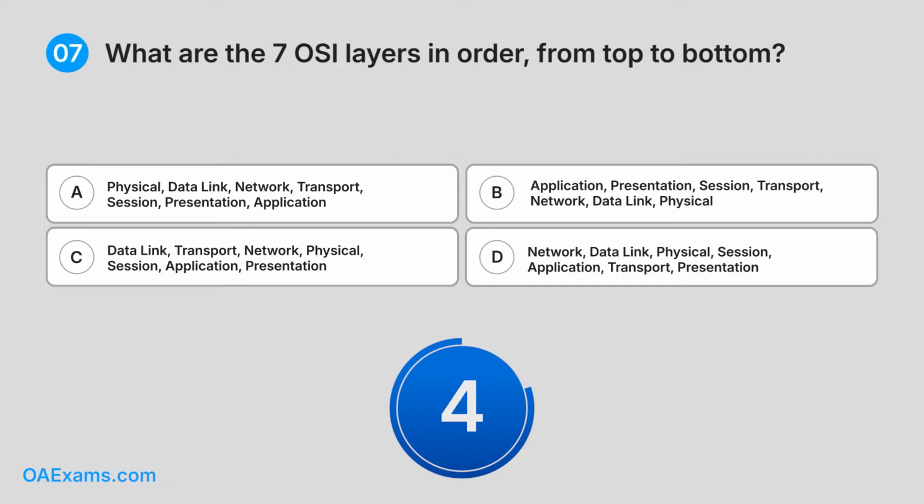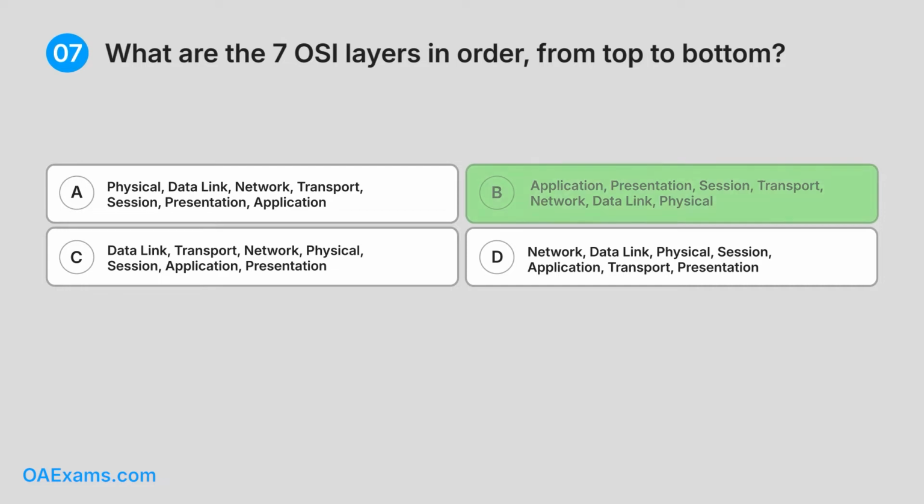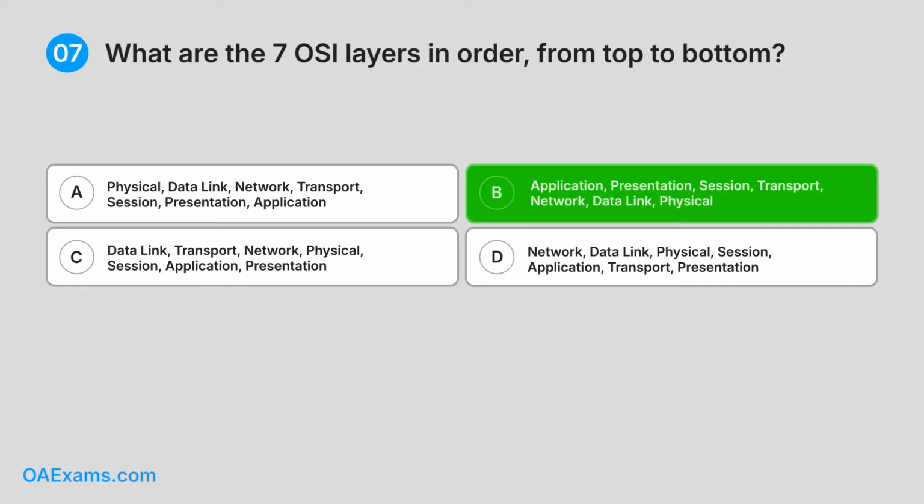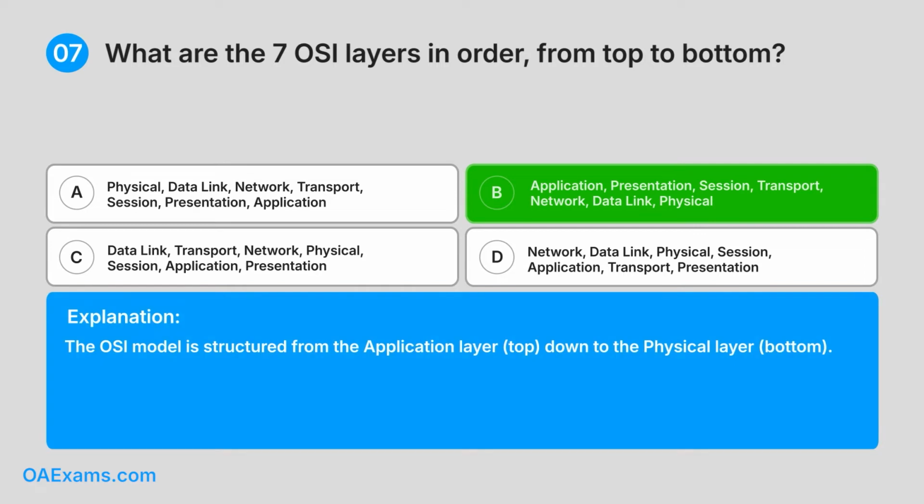Do you know the answer? Correct answer: B. Application, presentation, session, transport, network, data link, physical. Explanation: The OSI model is structured from the application layer, top, down to the physical layer.